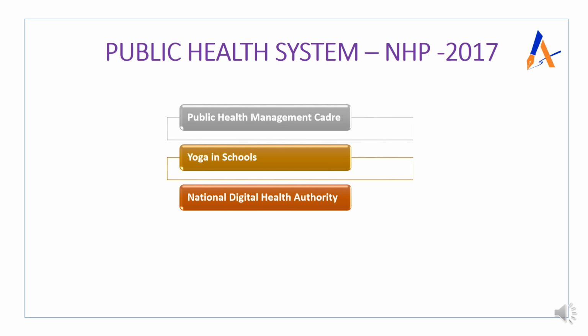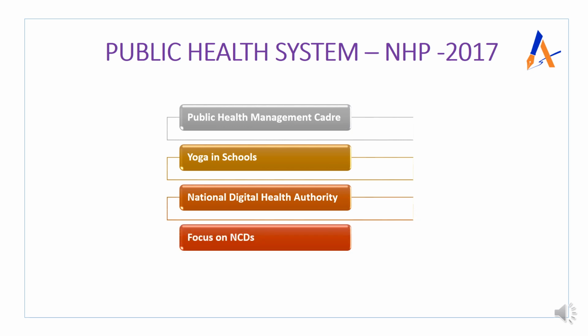It will be available with the doctors, and whenever they need the past history, they will have everything. Next, the focus on NCDs should be increased because non-communicable diseases, be it diabetes, cancer, or cardiac diseases, are increasing. So the focus should shift to non-communicable diseases also. These are the few provisions in the national health policy which we should keep in mind, and whenever it comes, don't miss writing these points.